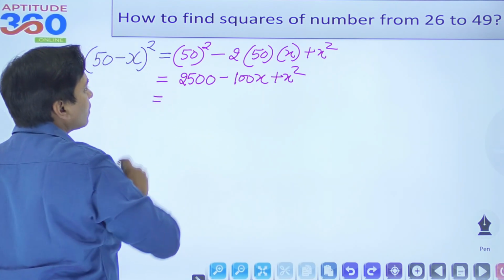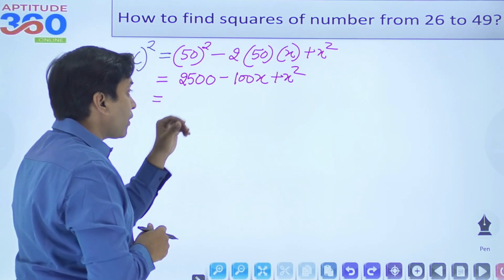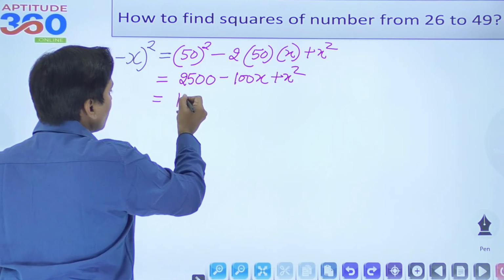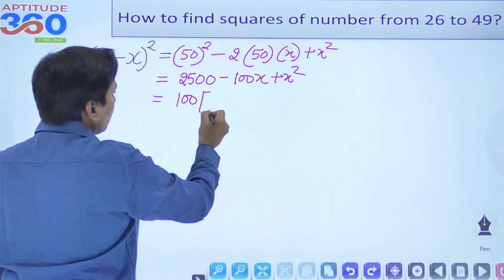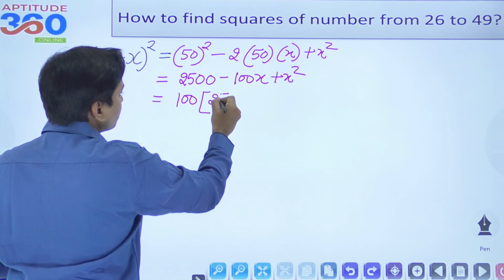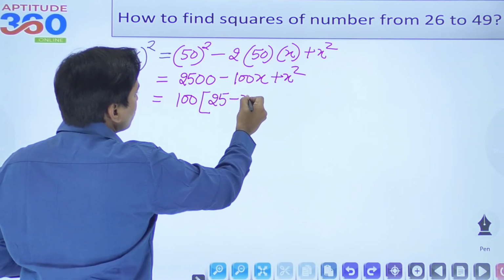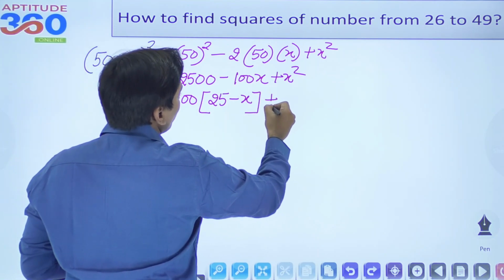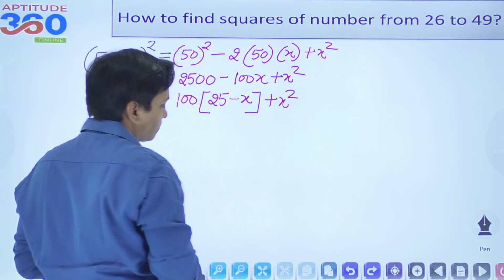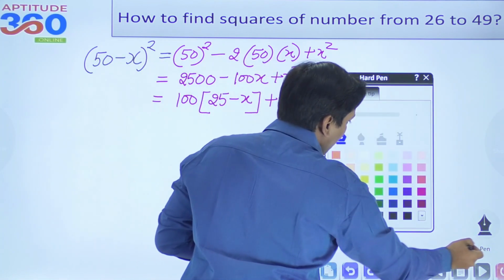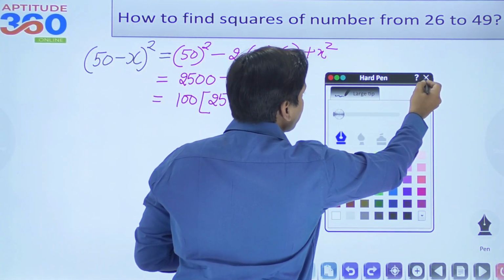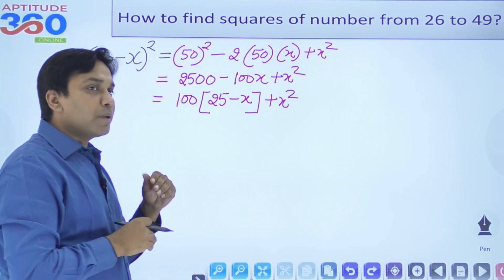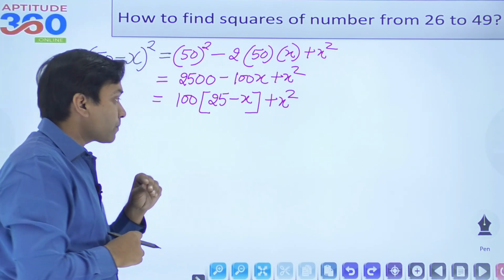Is that okay? Now what I'm going to do is take 100 common from the first two numbers. This is what it is going to look like, plus x square. If you understand this thing, our job is going to be pretty simple. Before we move ahead, understand this.